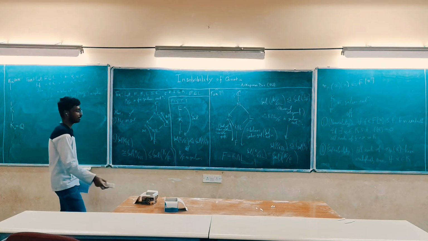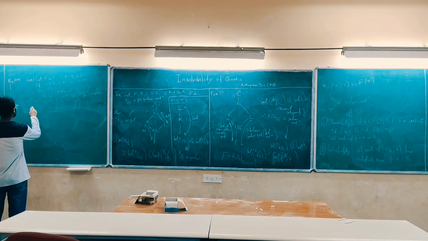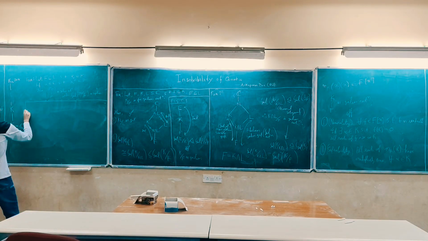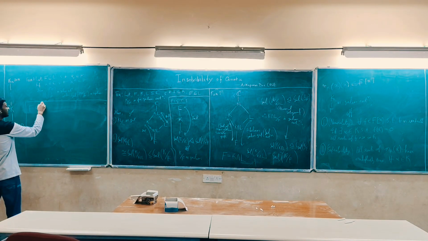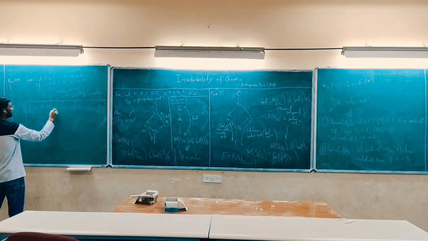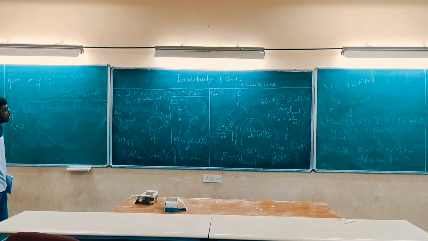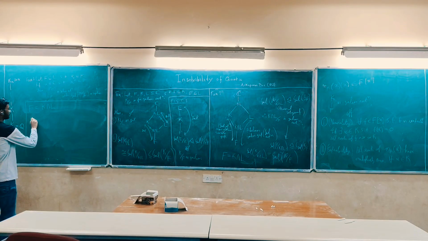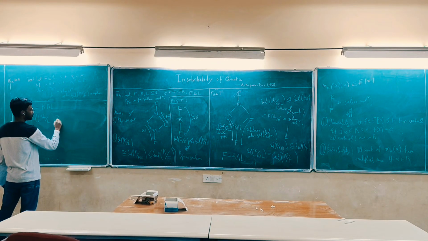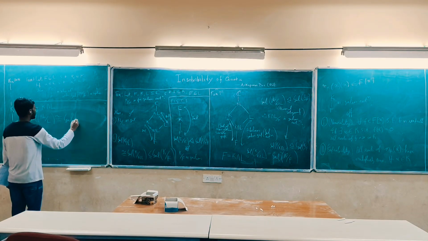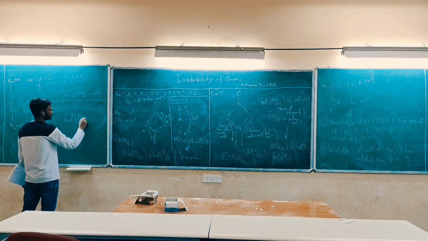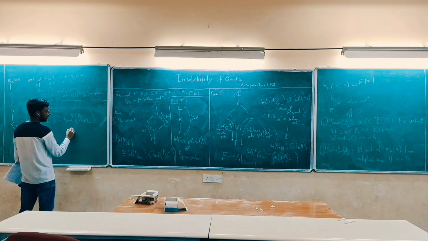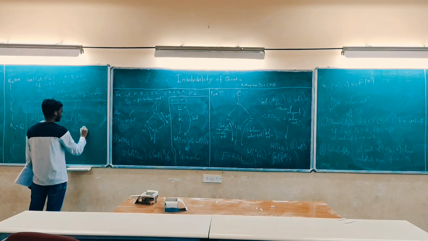So what we have found out is that F is equal to K intersection L. F is equal to K intersection L. And by this theorem, Galois KL over L is isomorphic to Galois K over K intersection L. Now this is exactly Galois K over F.